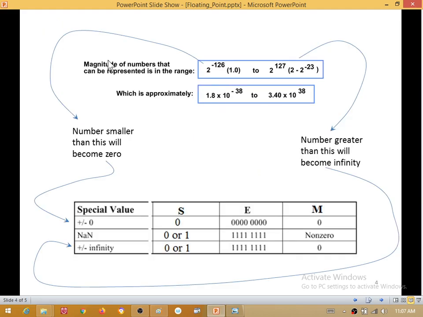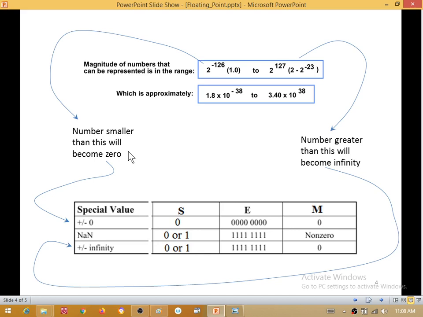So we earlier saw that the magnitude of the numbers that you can represent are in this range to this range, or in decimal the magnitude is 1.8 into 10 raised to minus 38, a very small fractional number to a very large number. So if your magnitude grows more than this number, then eventually that number has to be internally stored as if it is infinity, and you make sure that E is FF and M is 0.